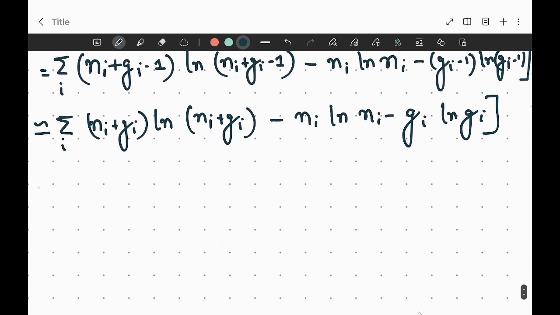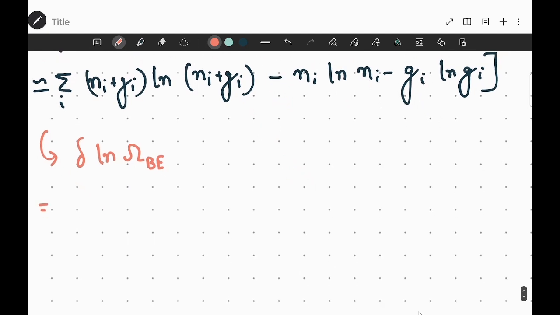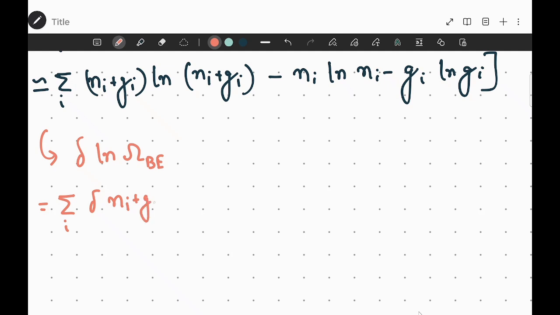Okay, so now we have to take the delta. For the first term, two terms are there with ni, so delta will give delta ni plus gi times ln of ni plus gi.